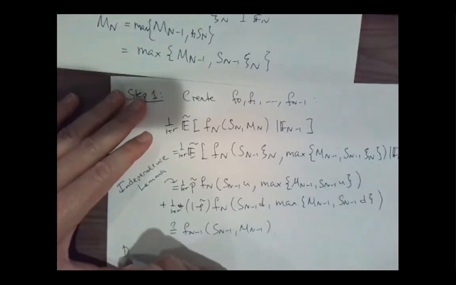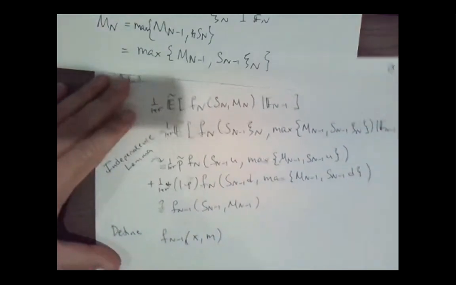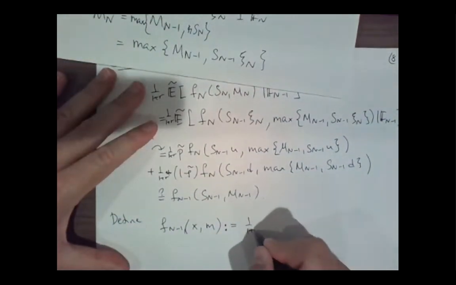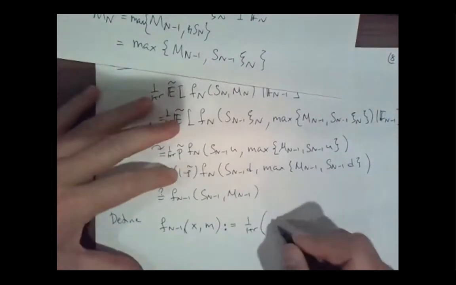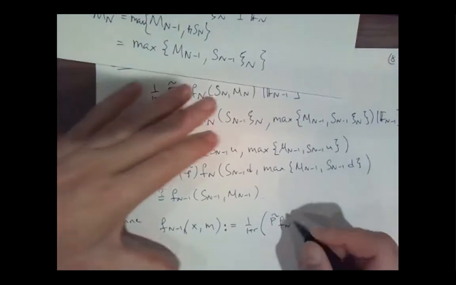So we're going to define Fn minus 1 at, we call it x, and then we call this m. It'll be 1 over 1 plus r, p tilde Fn.